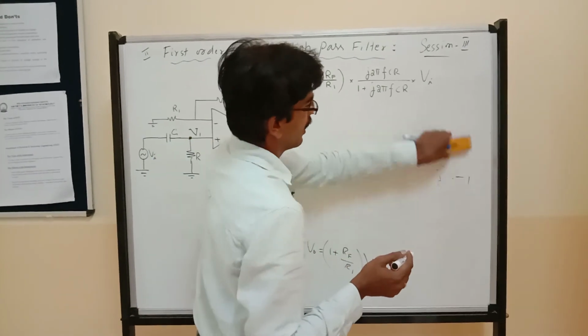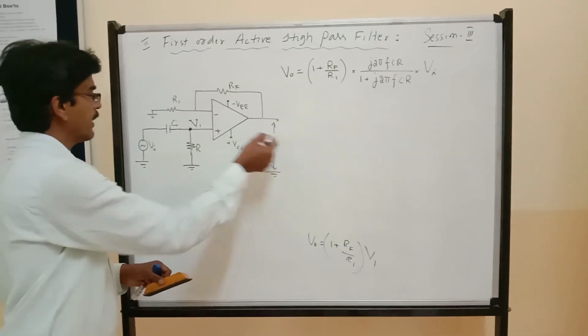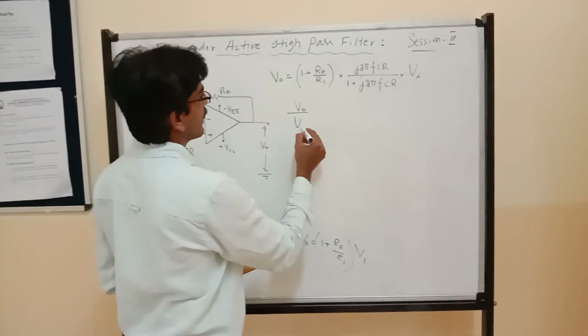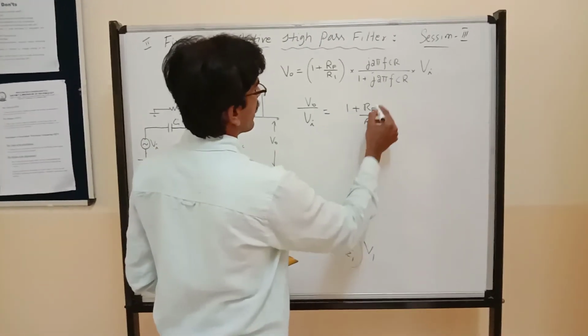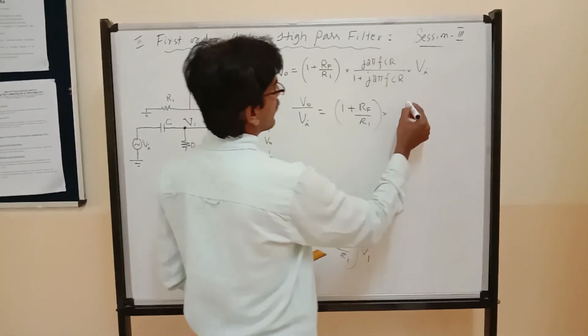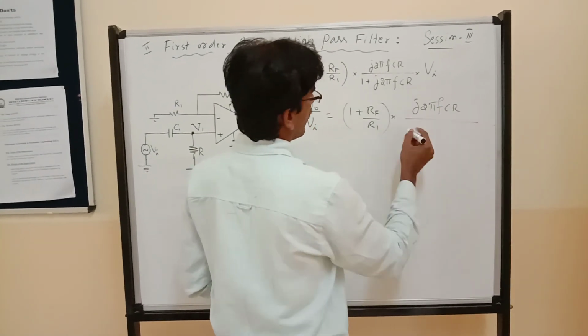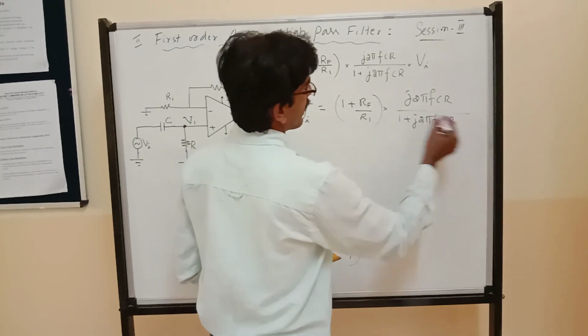Now, I want total gain of this circuit. Gain is nothing but output by input. So taking the ratio, V0 by Vi is equal to 1 plus RF by R1 into j 2 pi FCR divided by 1 plus j 2 pi FCR.